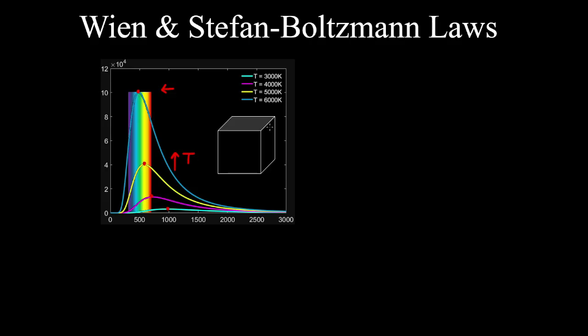So as you can imagine, the hotter the black body is, the higher the amount of radiation that's emitted per unit wavelength. So we have the power intensity per unit wavelength, which in this case our wavelength is in nanometers. So the amount of radiation per unit wavelength is in watts per square meter per wavelength in nanometers.